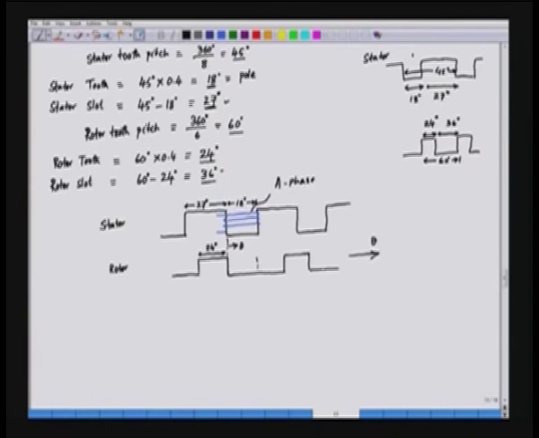So, we are now plotting the inductance of phase A. We have theta here on the x axis and the inductance L on the y axis, and at this position we can see that the stator is seeing a larger air gap. So, this air gap is quite large, this is the air gap, that is Lg.